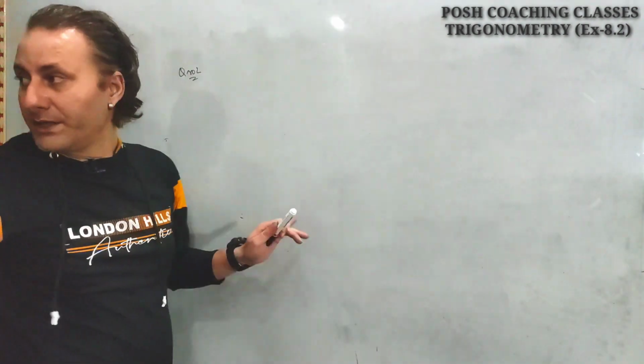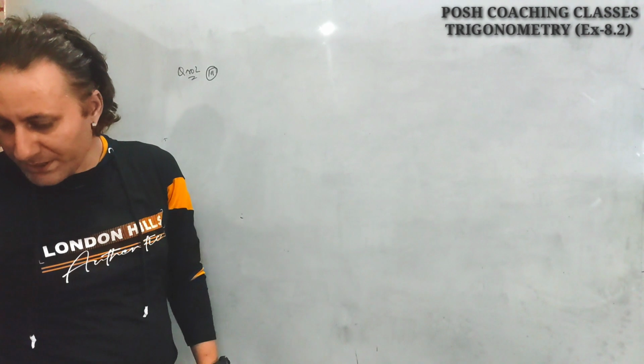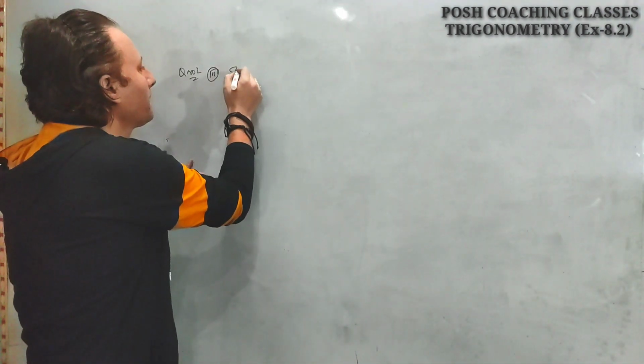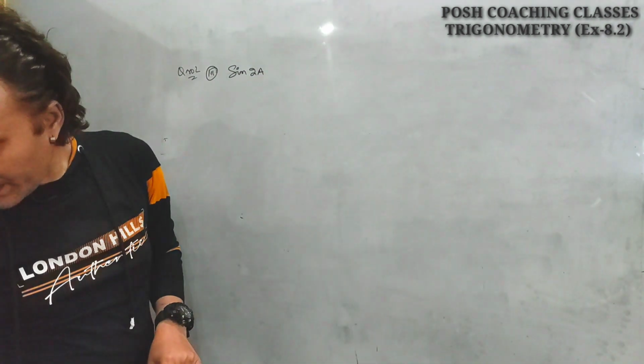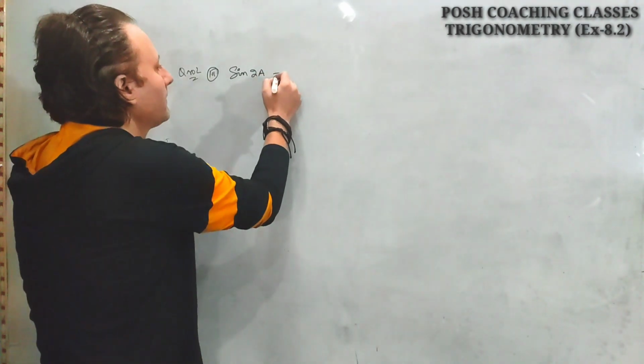Now the part number 3, let me see what it says. Now part number 3 says, okay, we have sine 2a is equal to twice sine a.